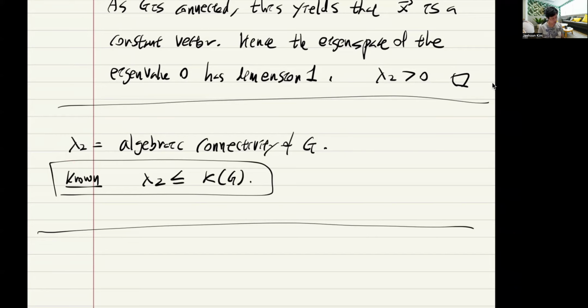Next time we will talk about other properties. Eigenvalues are also related to other concepts such as walks in a graph. The walks are what we defined before: we move along the edges from vertex to vertex. That's also related to eigenvalues, and we will talk about that in the next video.